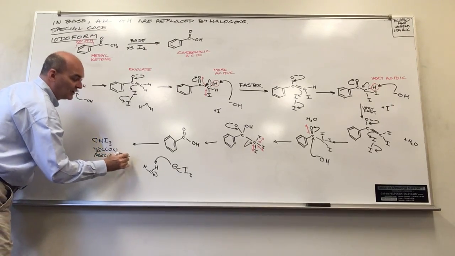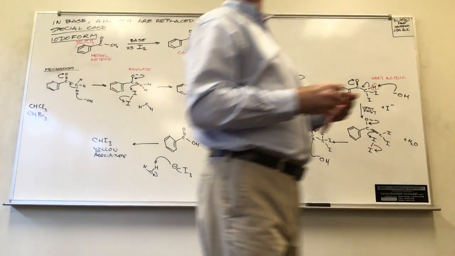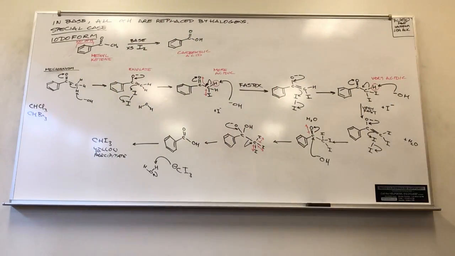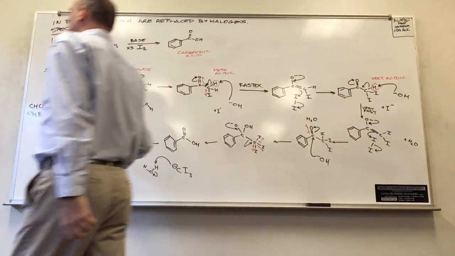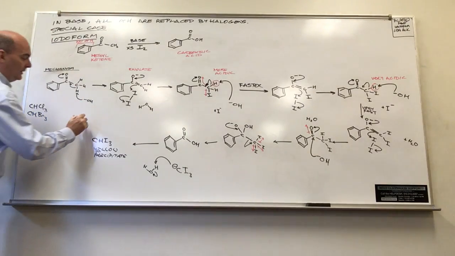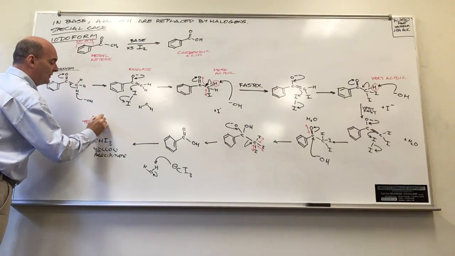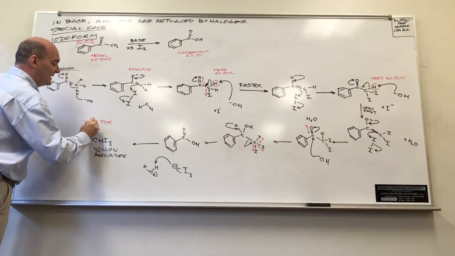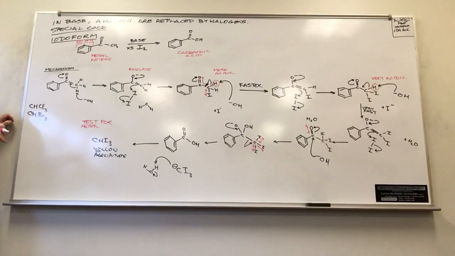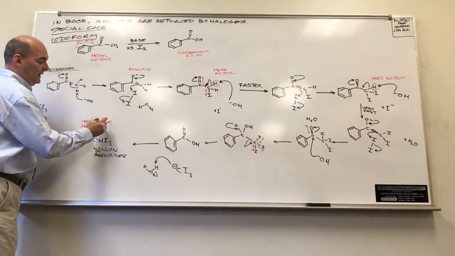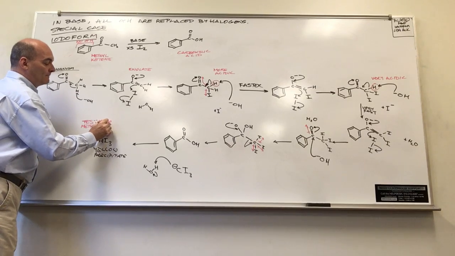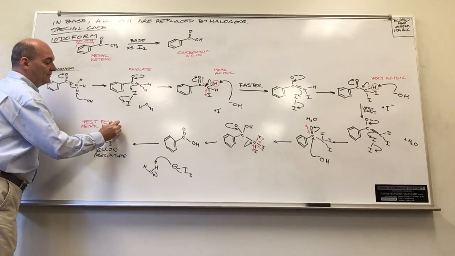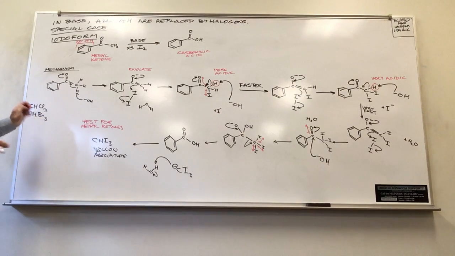So this reaction serves two purposes. This has now become a test, a spot test. You can do it in a test tube. This is now a test for a methyl ketone. Back in the days before we had infrared spectrophotometers and NMR and mass spec and all of those instruments, we had to devise chemical methods to determine what the structure of the molecule were.